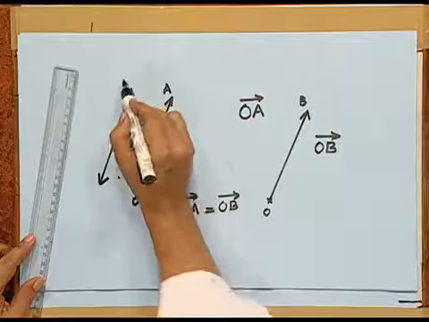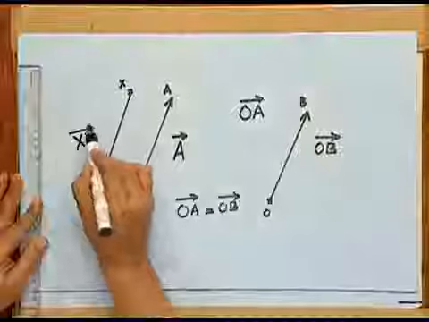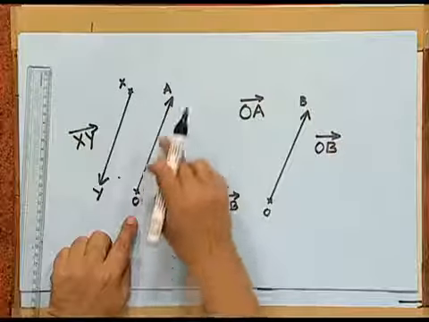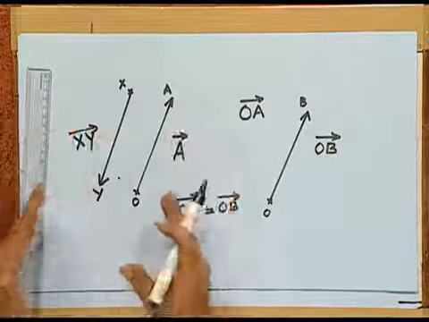Say for example, this is x and this is y. Even though the lengths are same, as you understand in the figure, vector x y is not the same as vector O A. The lengths are same, but the directions are opposite.